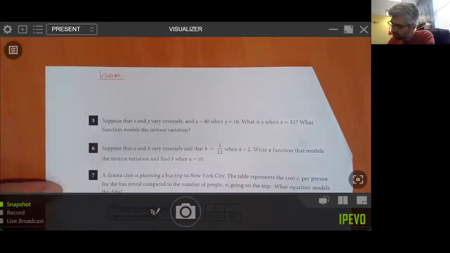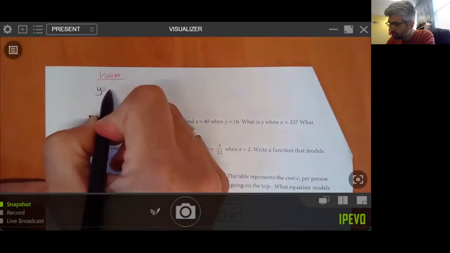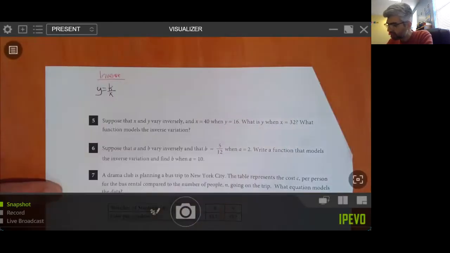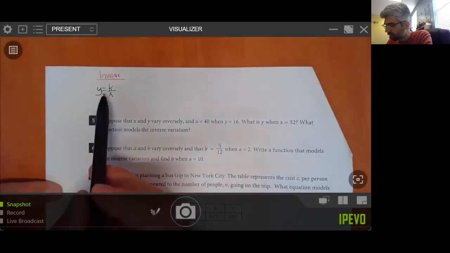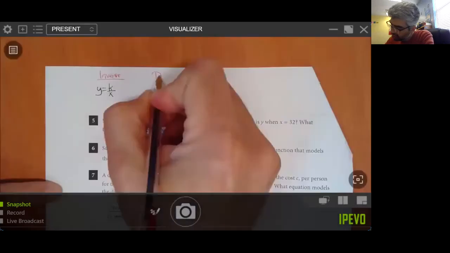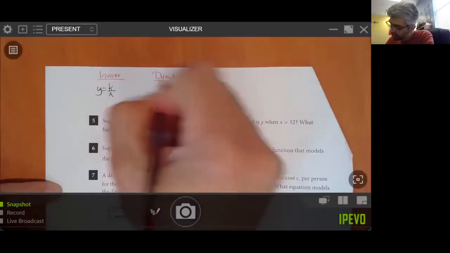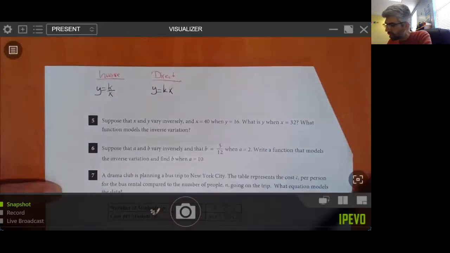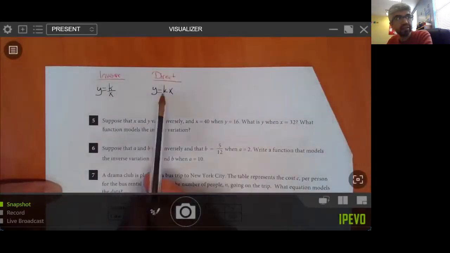When we have inverse, we have y equals k over x. Okay, so vary inversely. If we have direct variation, how was it? It was y equals kx.